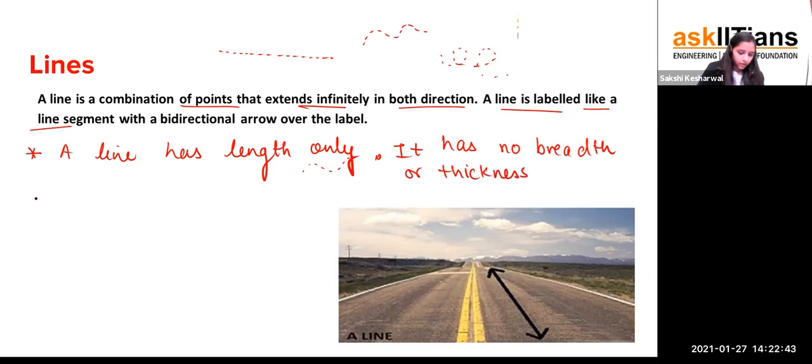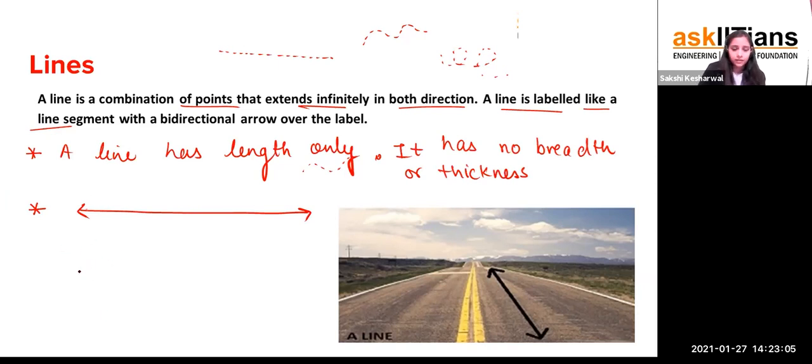Right? So we can say that how this line has been indicated, the line has been written like this, right? So how is it denoted?